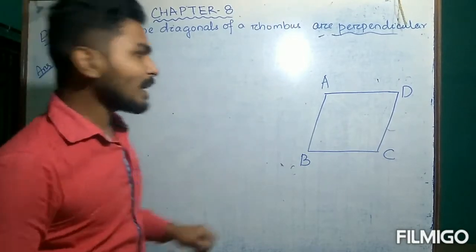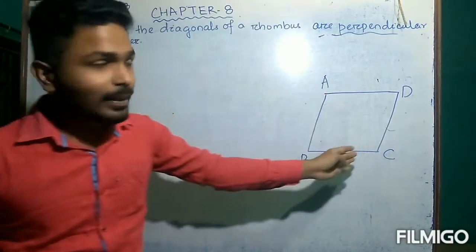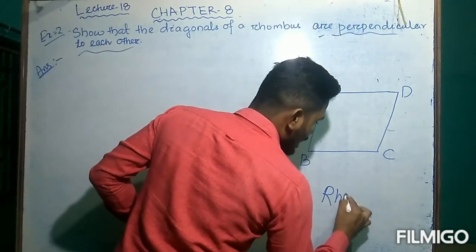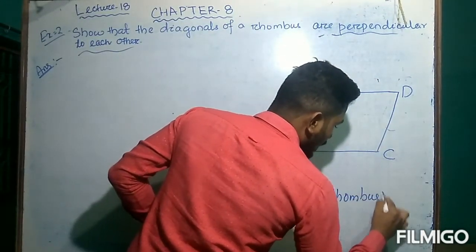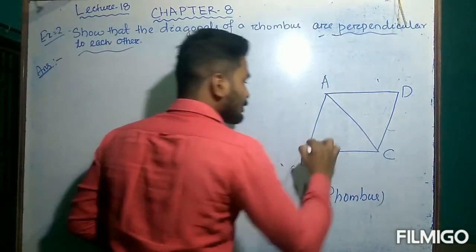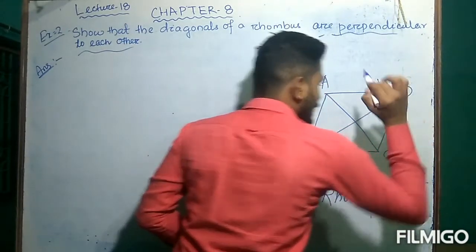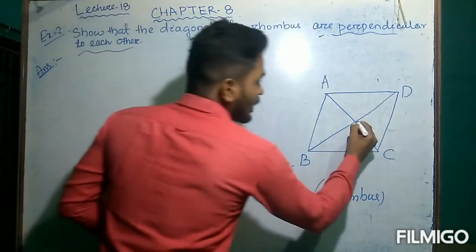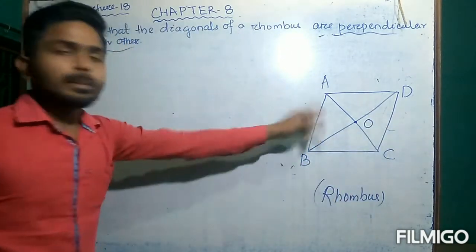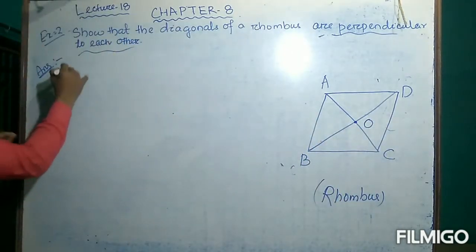In order to prove it, first what we have to do? We have to draw two diagonals for a rhombus. Let's say this is a rhombus. And now let us draw two diagonals AC and BD. Let's say they meet each other at a common point, that is O, point of intersection. We have to write it.